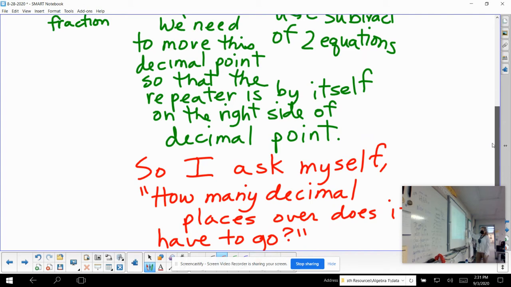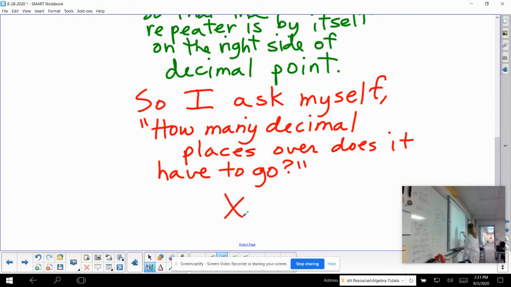So I'm going to write my original again. X equals 3.16 repeating. Now it's got to go over so that this repeater is all by itself. So it's got to go to here. How many places over is that? One. Who agrees with that? One place over to get from there to there.